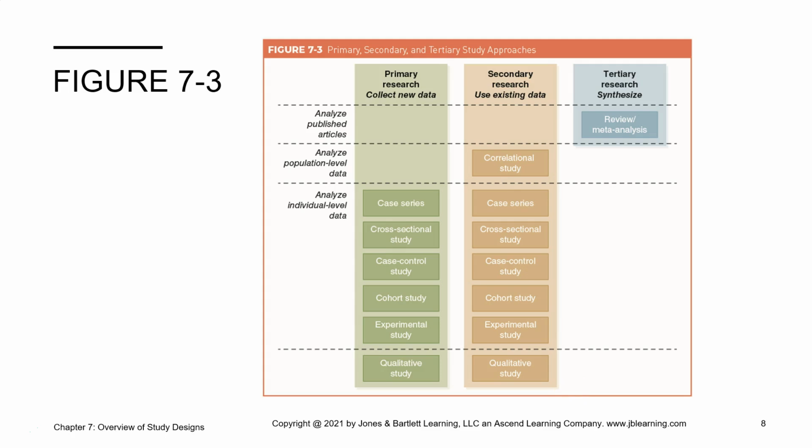The chapters going forward will discuss quantitative methods versus qualitative methods. A case series, cross-sectional, case control, cohort, and experimental study are all examples of quantitative study designs with an N. And a qualitative study design can be done for primary and secondary research, but it's a different approach.